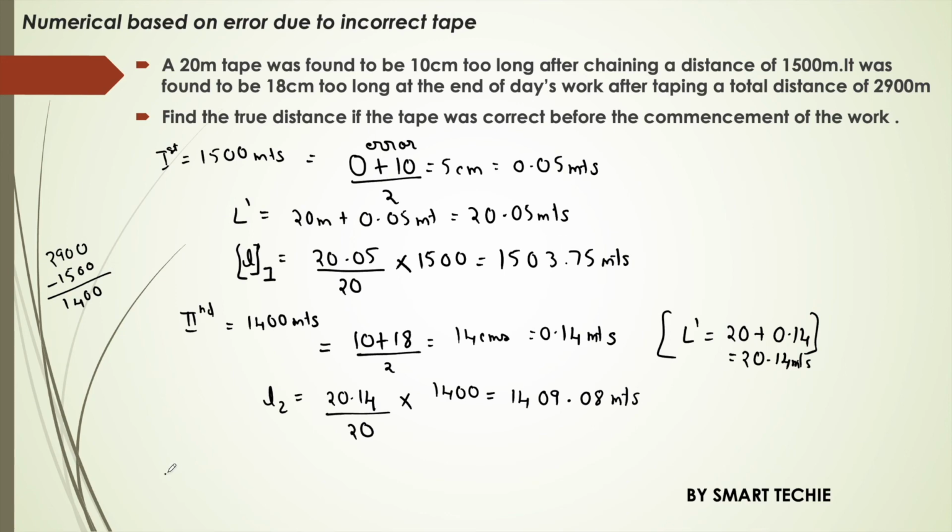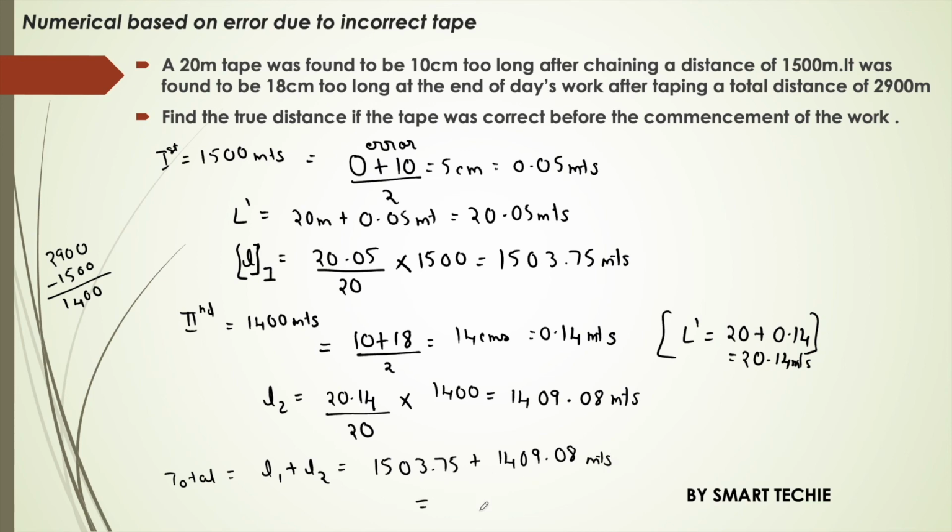So what will be my total length? I'll add this L1 plus L2, that will be my total length. So my first length is 1503.75 meters.